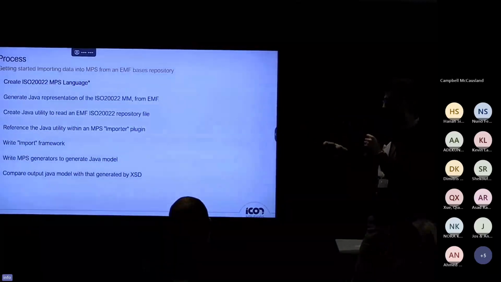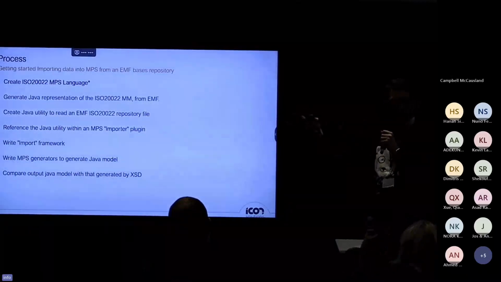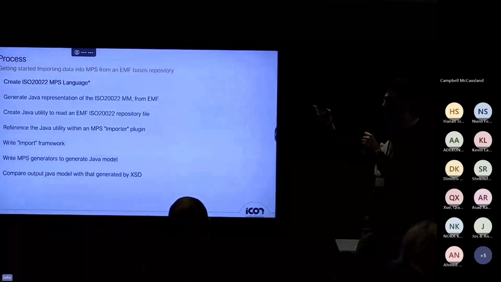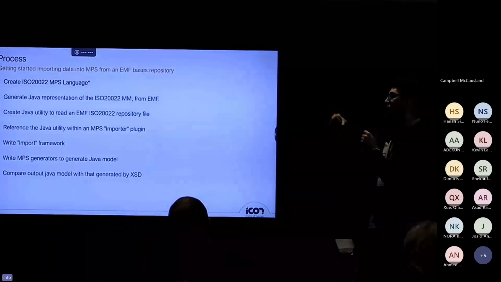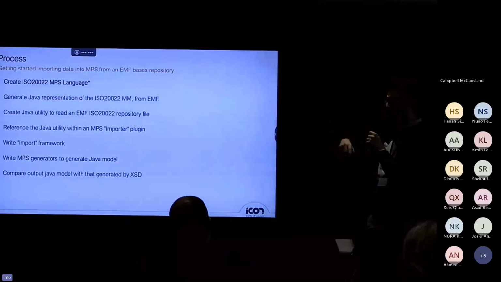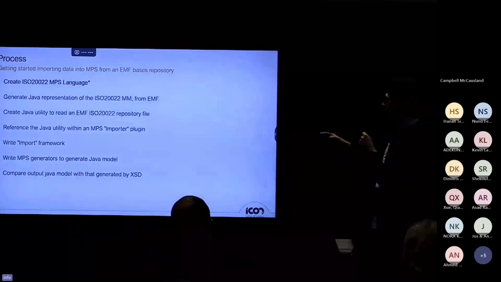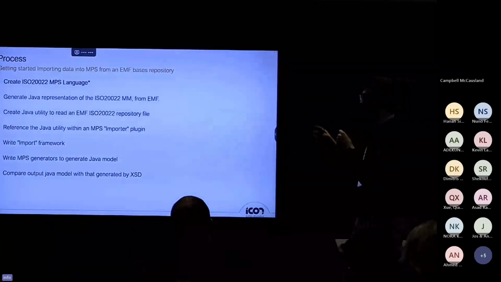So I can go into MPS and say, import the ecore file. It will load that into the Java meta model. And from that point, the work is just to create the MPS nodes from the Java meta model. So I encapsulated that in point 5, which was write import framework. That was pretty much most of the work.